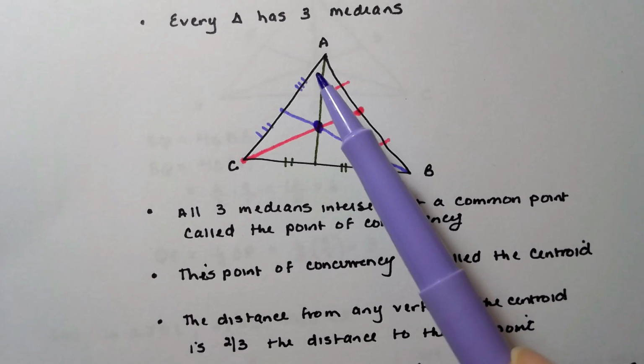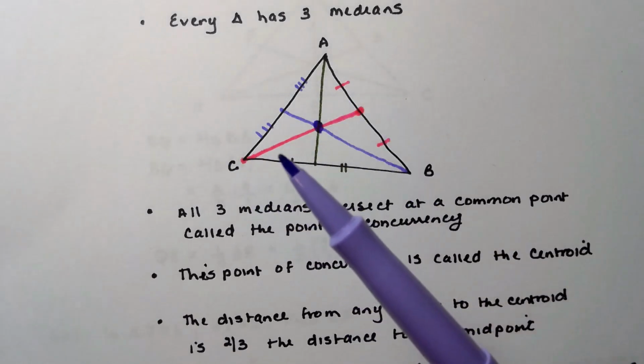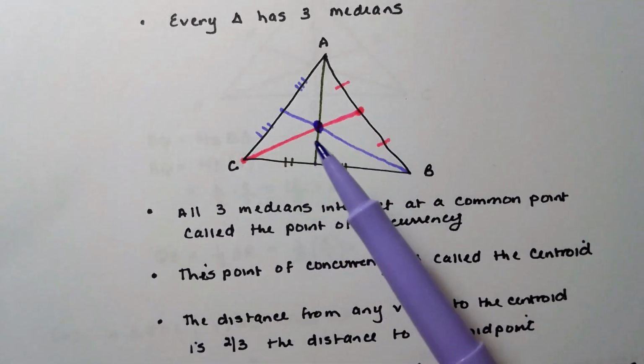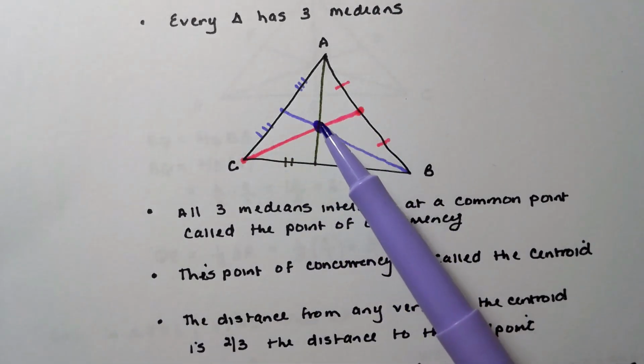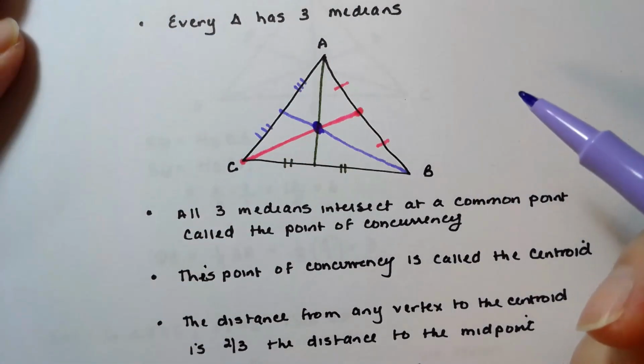And if you had a triangle of equal density, if you cut it out and put it on the tip of your pen, you could balance it perfectly. So it's also called the center of gravity. Okay, so the centroid is the center of gravity of a triangle. Let me just write that down because I think I forgot.